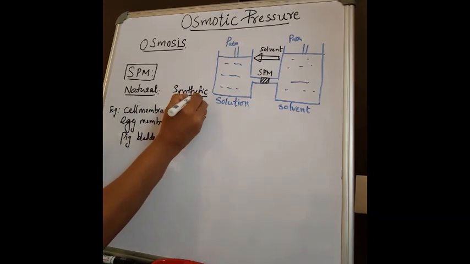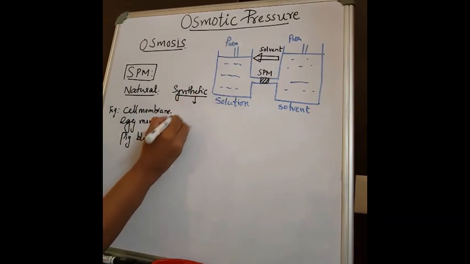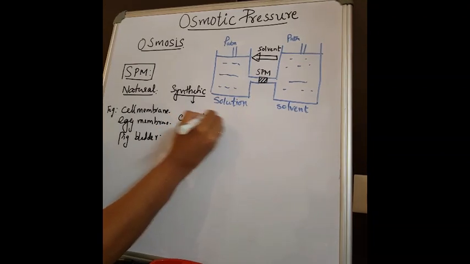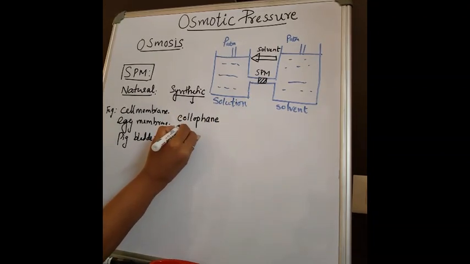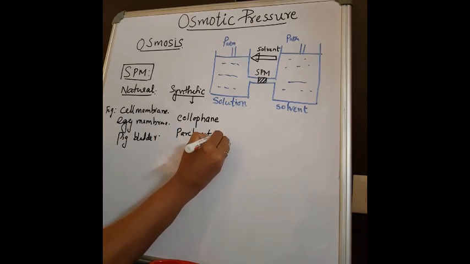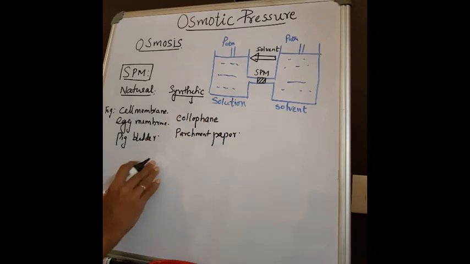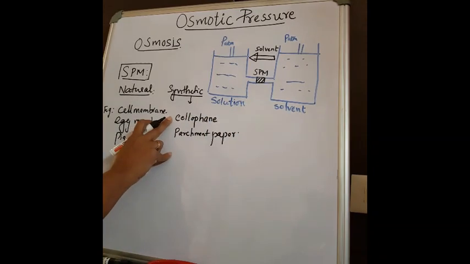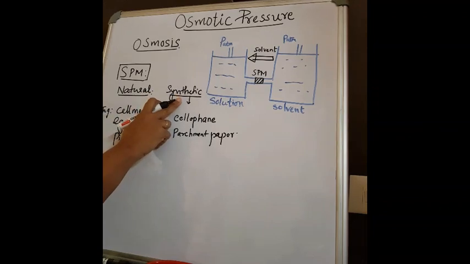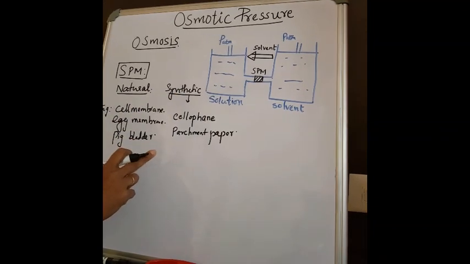Then talking about synthetic semi-permeable membrane, an example is cellophane. One more example is parchment paper. So cellophane and parchment paper are examples of synthetic semi-permeable membrane.